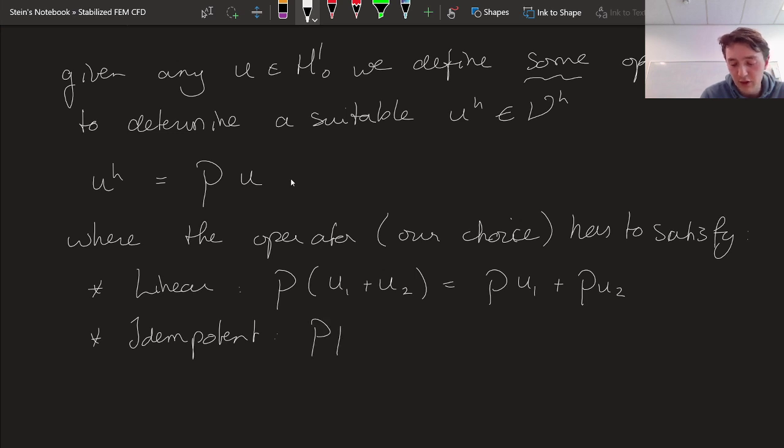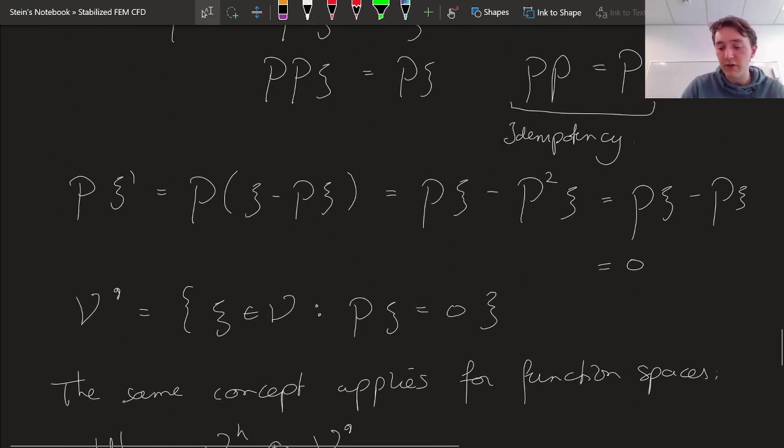And that meant that the projection of the projection of U is going to be equal to the projection of U. Right? Those were the two demands that we also had in our linear algebra equivalence.